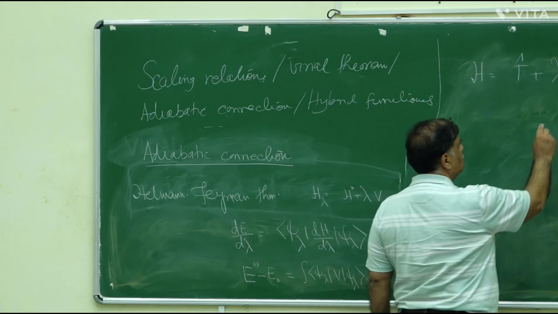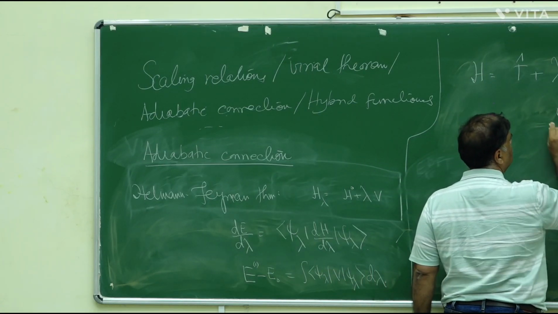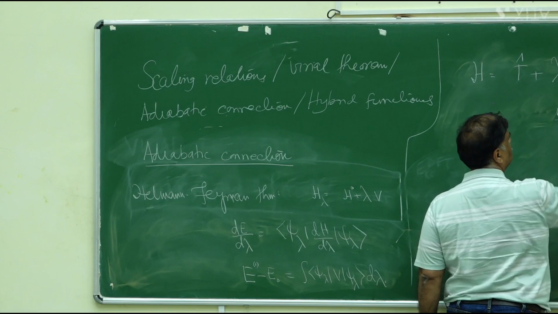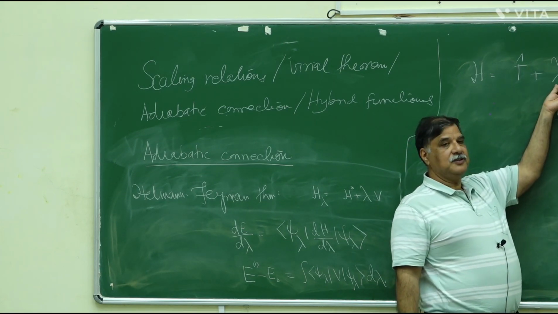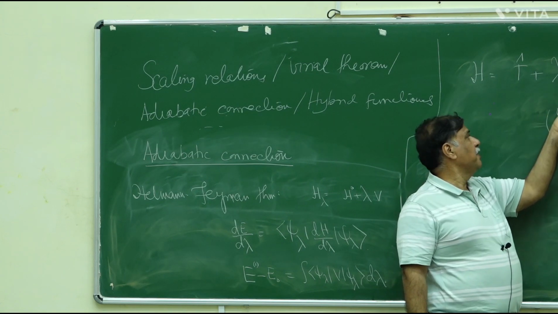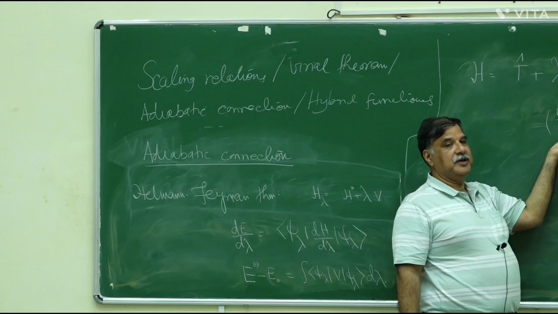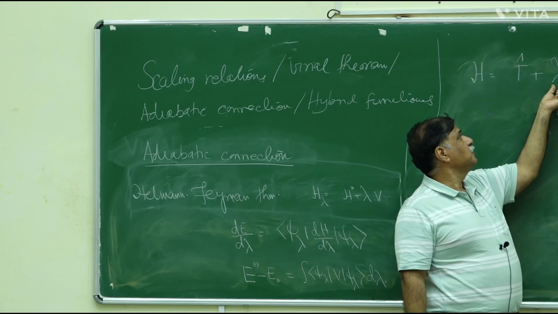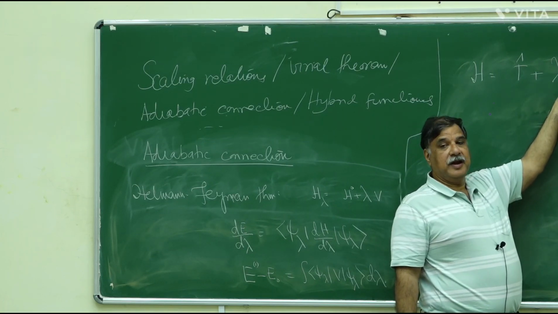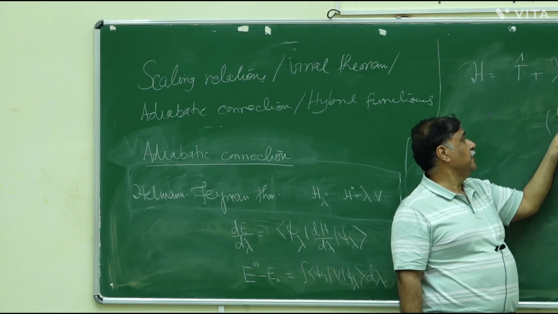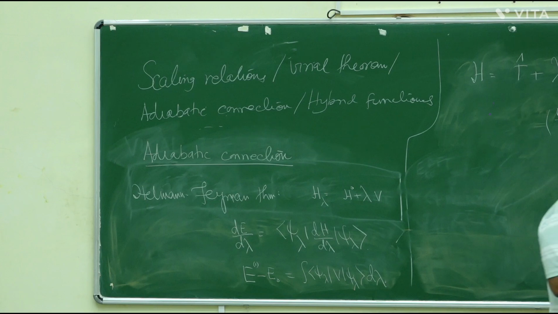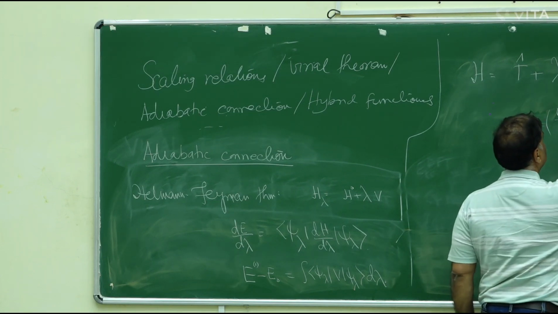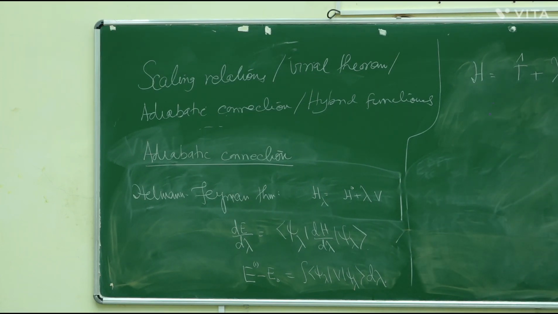I could also take it like e raised to minus lambda r over r form. So that in this case when lambda is 0, there is Coulombic interaction. When lambda is 1, then it's full interaction, and when lambda is infinity it is 0. So we just go with the upper one.